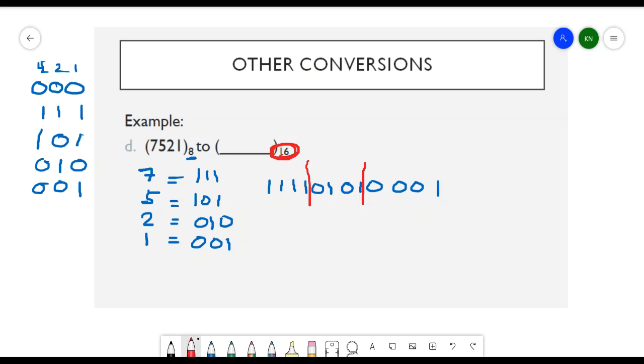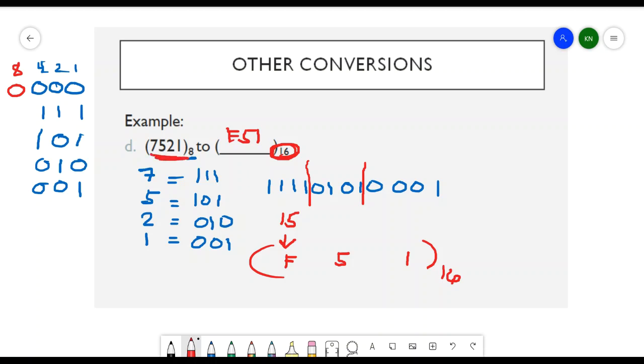Since this is hexadecimal, we need to add another 0. 8 plus 4 plus 2 plus 1, that is equivalent to 15. 15 in hexadecimal, that is F. And then 101, that is 5. And then this one is 1. So F51 is the equivalent hexadecimal of 7521.